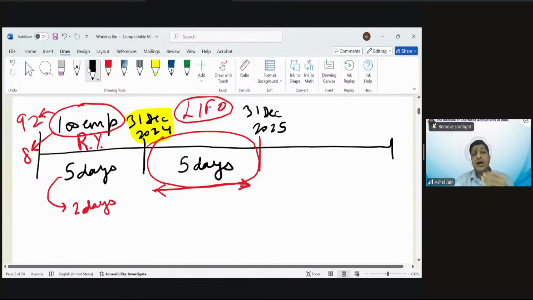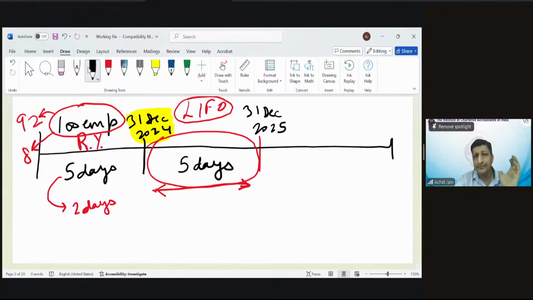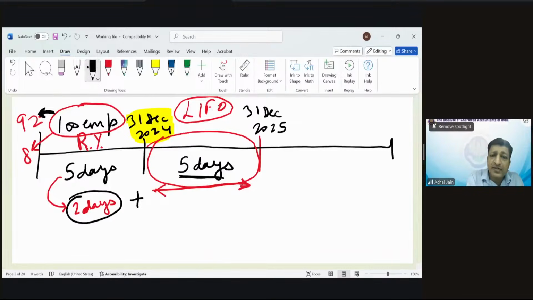See, in this case, how many employees do we have? 100. Yeah, so let's look at it one by one. So we have 100 employees, correct? Out of 100, 92 employees are expected that out of 2 plus 5 days. Next year, what is their entitlement?